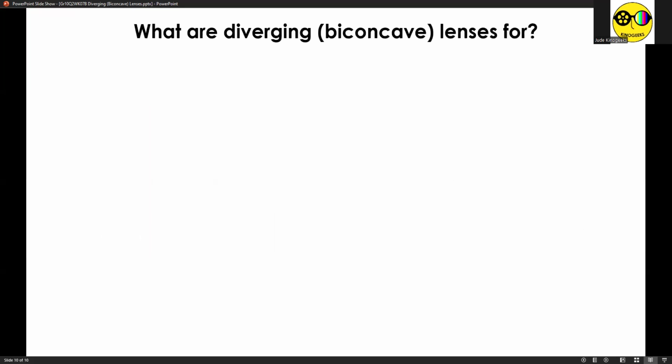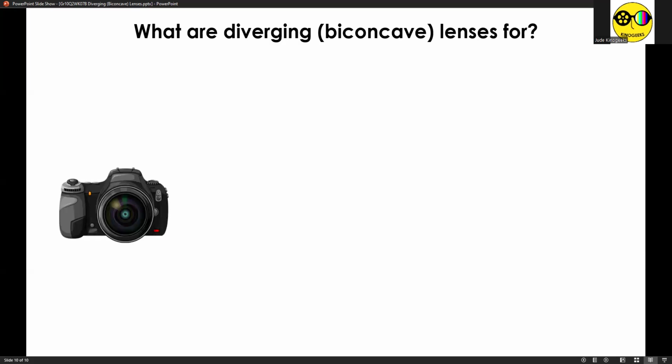Okay. So finally, after our numerous ray diagrams and even loss interpretations, what are diverging or biconcave lenses actually used for? So I allowed you to play with our lens set this morning per group, no? We will have another session with that next week because I saw that you were enjoying and having fun with the lenses.